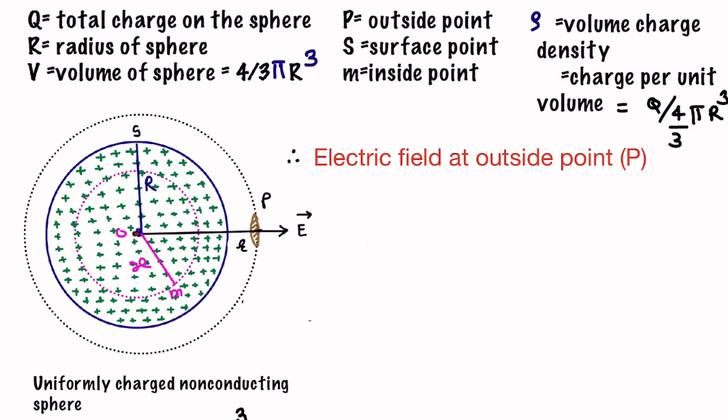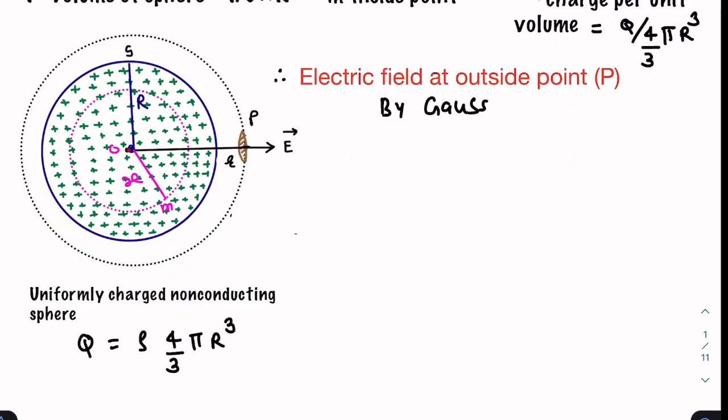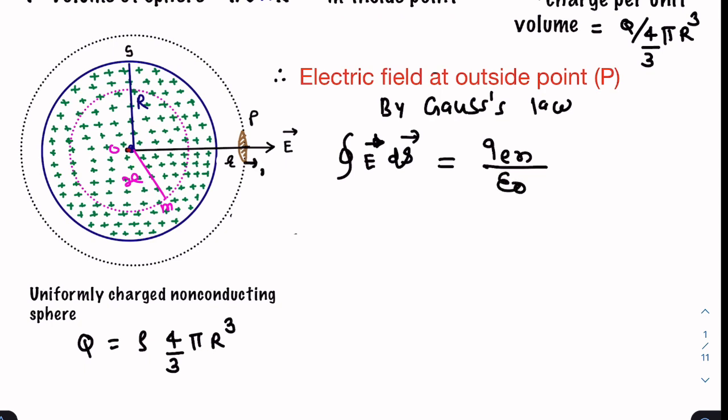Therefore, according to Gauss's law, the integration of E ds, where E is the electric field intensity at point P, equals Q enclosed by epsilon 0. Now E and the normal vector to the Gaussian surface are parallel.